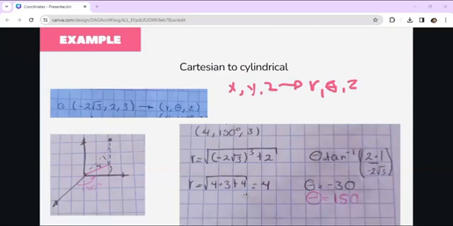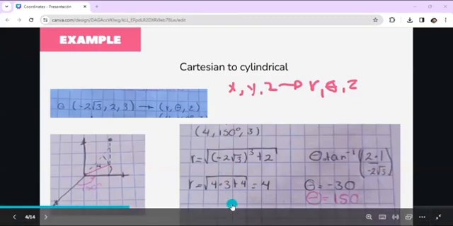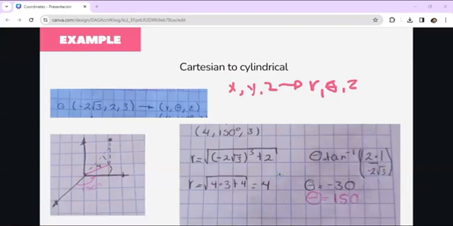Theta is equal to the inverse tangent of y over x. Theta is equal to 150.